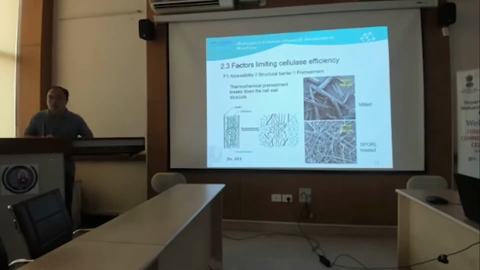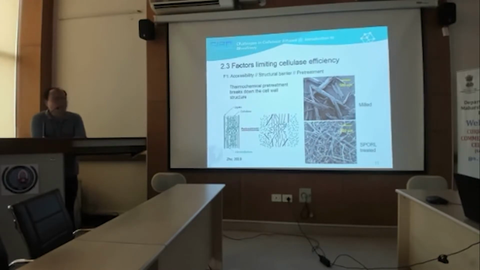Okay, let's continue our lecture. I will talk about the factors limiting cellulase activity. It's claimed that the plant has a very complex cell wall structure. There are a lot of barriers, especially made of lignin. So in the first step of the biorefinery, we have to break down the cell wall.